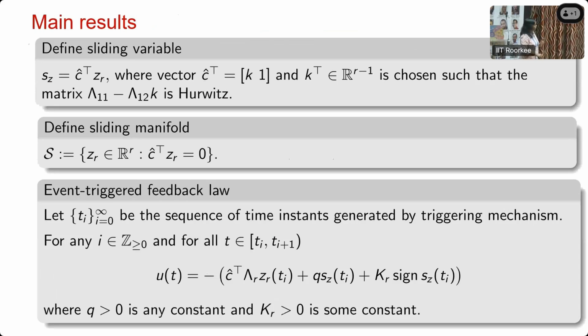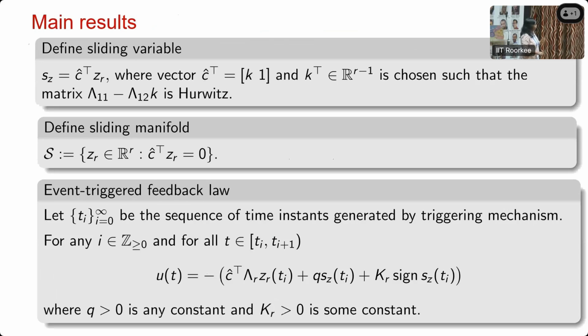Over here you can see we are using the value of the state at ti, which is the current time. If I am starting the system evolution at t equals 0, then ti is nothing but 0. So at that point, u of 0 will be calculated using the initial condition of ZR, and SZ will of course be calculated over here, and similarly this.